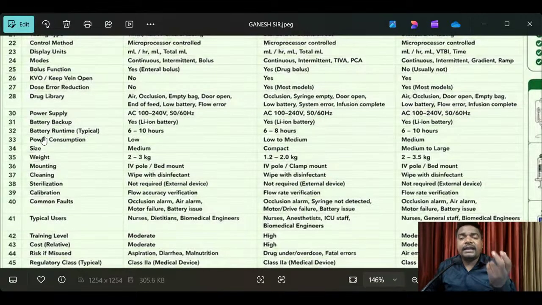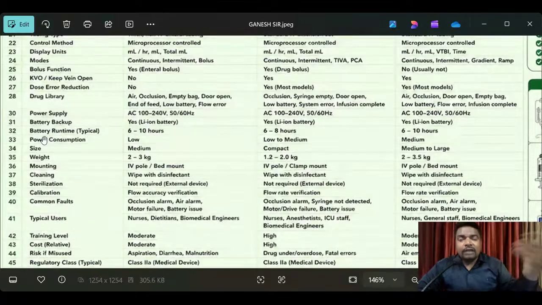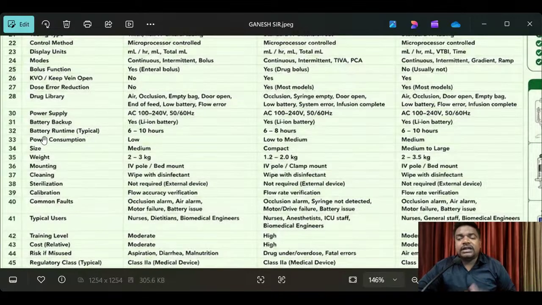The battery backup runtime depends on this, because with original manufacturer batteries, the time is as per the given timings, 6 to 10, 6 to 8, 6 to 10 hours. That is for original batteries. If you use third-party, normal compatible batteries, that much time will not come. Sometimes after 1 or 2 hours they suddenly switch off.